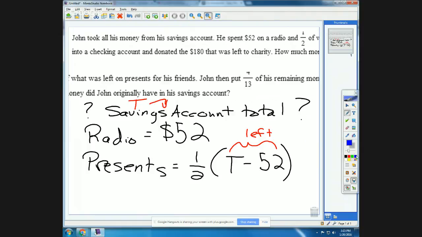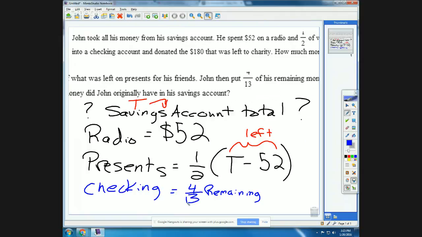What's after presents? 4/13 of it, checking. Okay, so next is checking. 4/13 of whatever's remaining. How do I find what's remaining? Well, what has he done so far? That's 4/13, not 4/3. All right, 13.